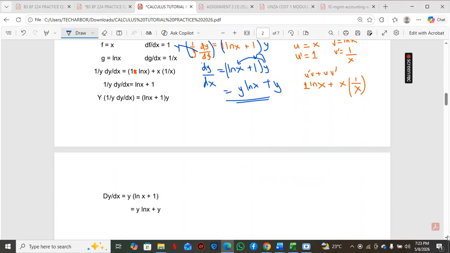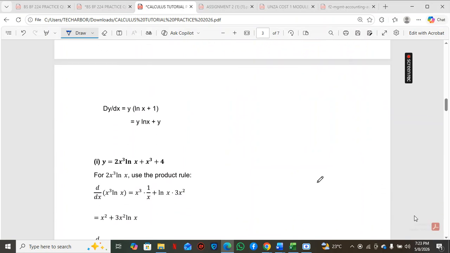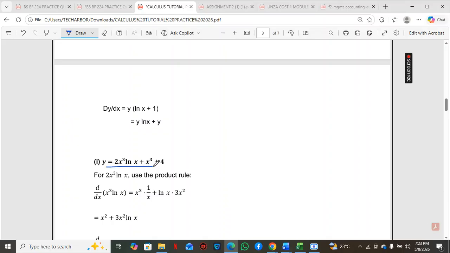There are no questions. Excuse me. We can come to this question here. Y equals 2x cubed natural log of x plus x cubed plus 4.